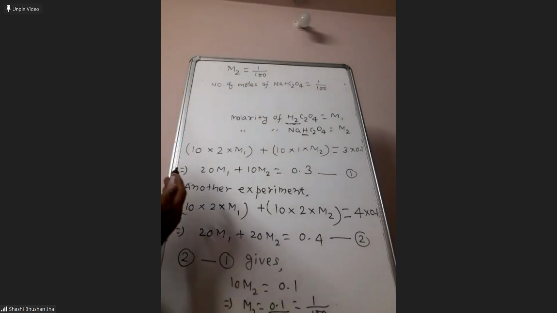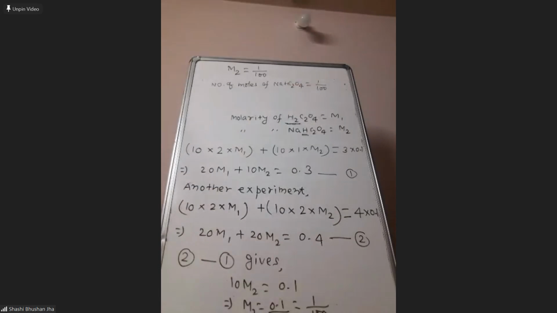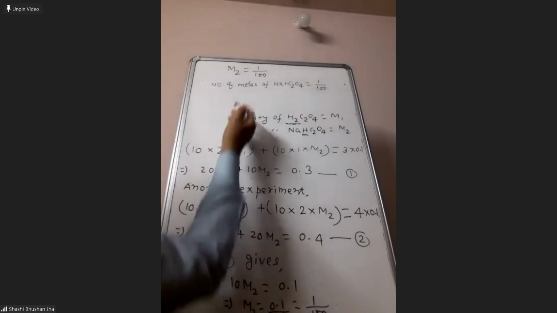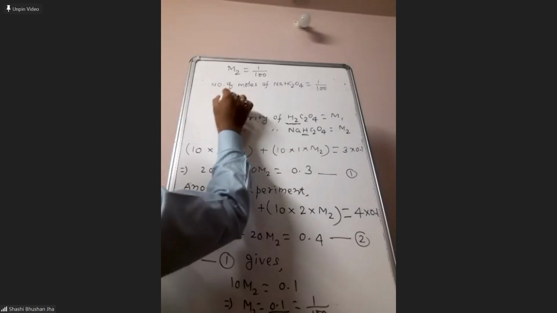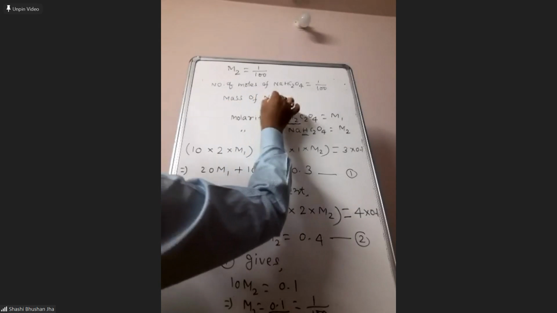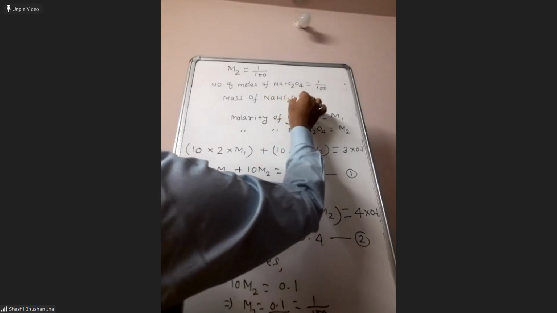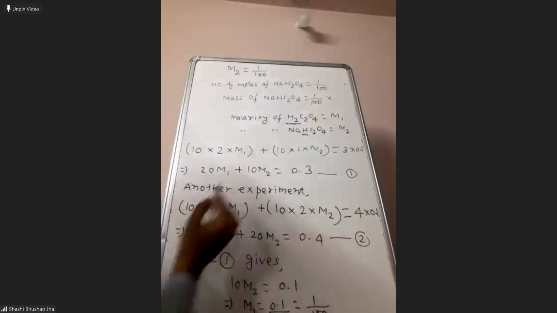Molarity is number of moles divided by volume, and since volume is 1 liter, whatever is molarity is only the number of moles. So the number of moles of sodium bioxalate will be 1 by 100. From here you can calculate the mass of sodium bioxalate. This will be 1 by 100 into its gram molecular mass.